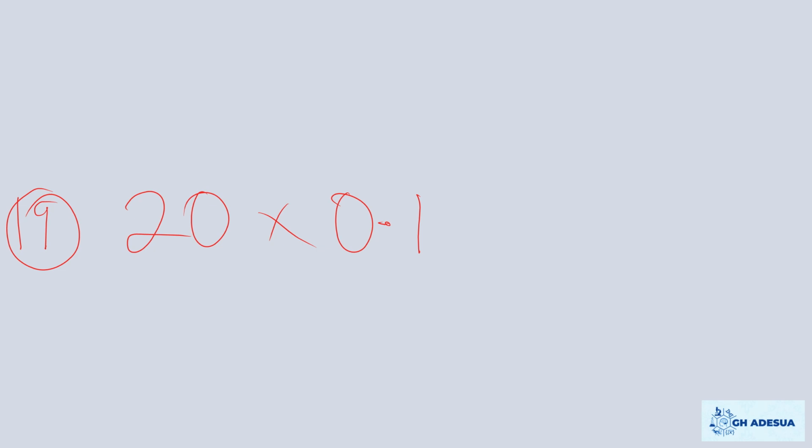And the decimal point is just to move one step. So that would make it 2. So move the decimal point from behind one step. So decimal point is somewhere here. Because it is 0.1, that is one step to make the whole number.